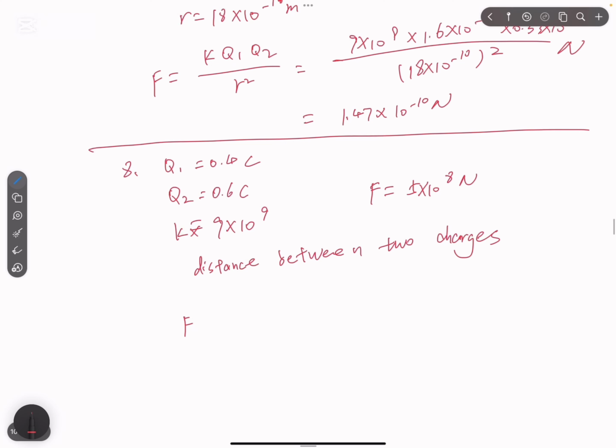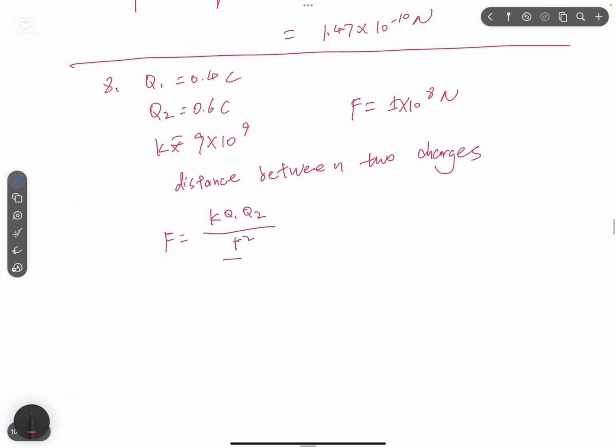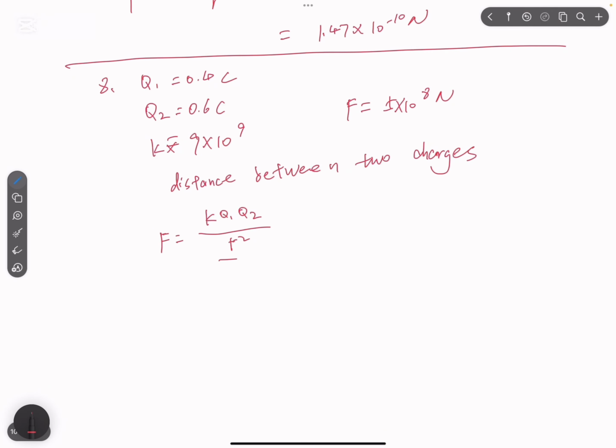So we have the original formula F equal to K times Q1 Q2 divided by R squared. In order to get R squared, we need to multiply by R squared on both sides and divide by F. So we multiply by R squared.